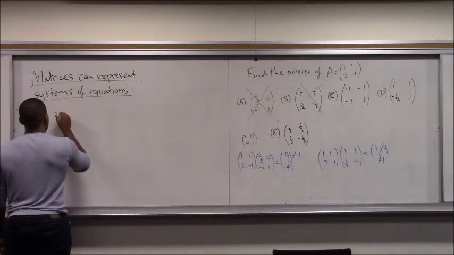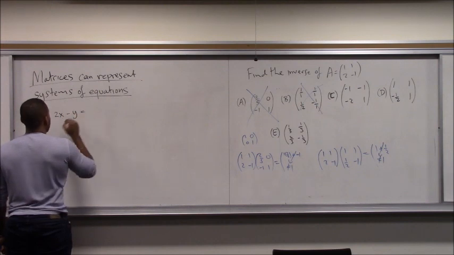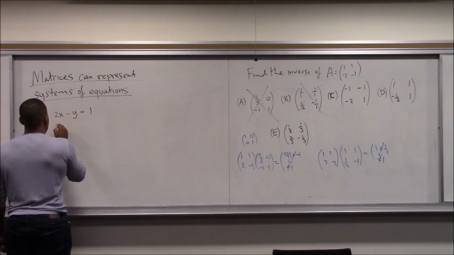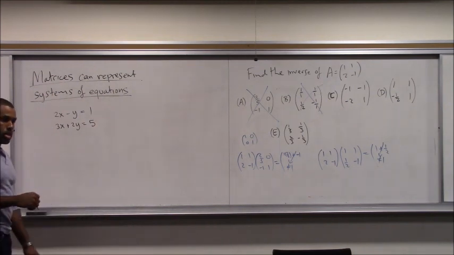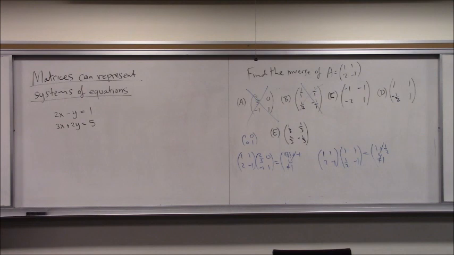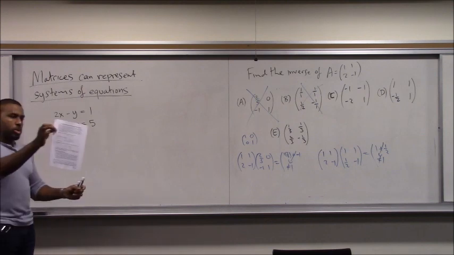Something like 2x minus y equals 1, 3x plus 2y equals 5. So the last topic we were talking about, this is section A3, which we pretty much finished.